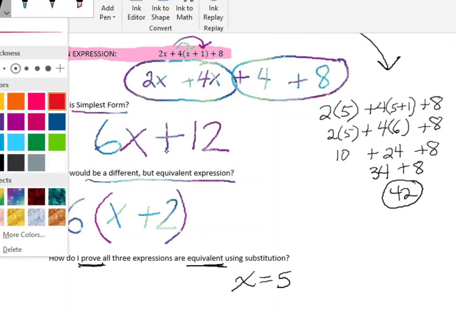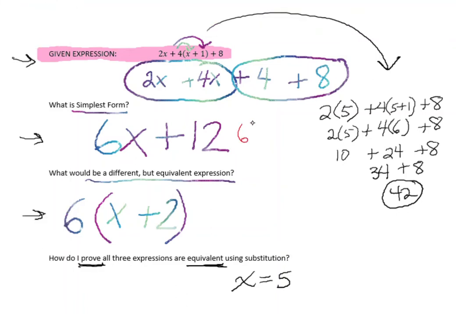So we have 6x plus 12. So if we substitute 5, 6 times 5 plus 12. Multiplication comes before addition. So 30 plus 12, and 30 plus 12 is 42. So we can conclude that the given expression and the simplest form are equivalent.